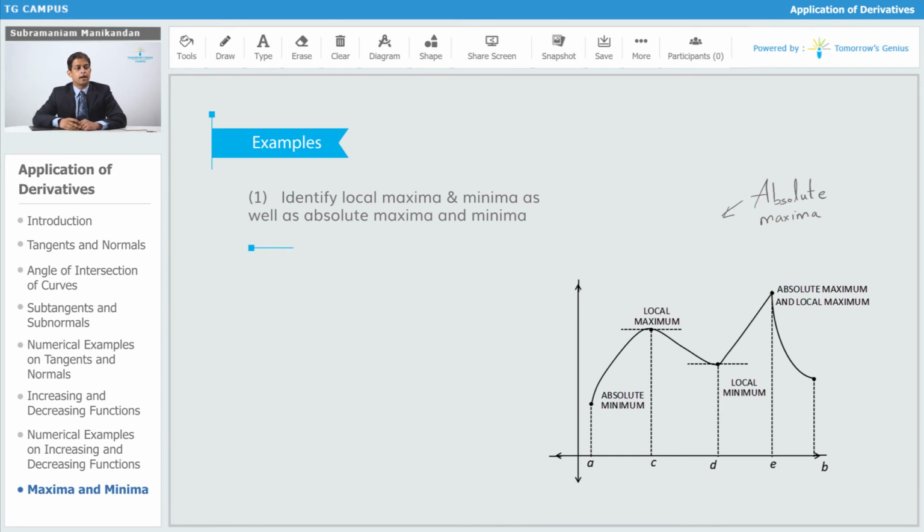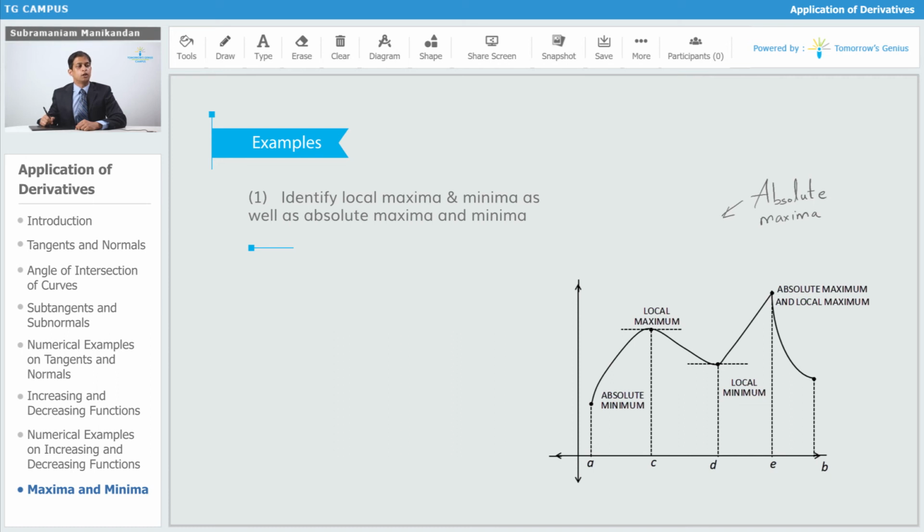And now it is time to consider other points which are given in this graph. Consider the point x equal to c. The point x equal to c is a local peak because if you consider a small interval of interest to the left and right of c and you draw the corresponding y coordinates, then you would see that f(c) is the maximum value in that particular interval.